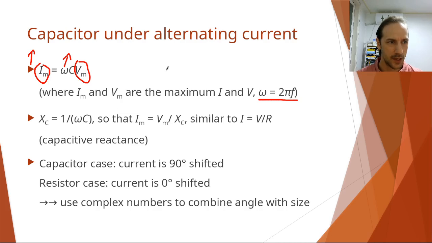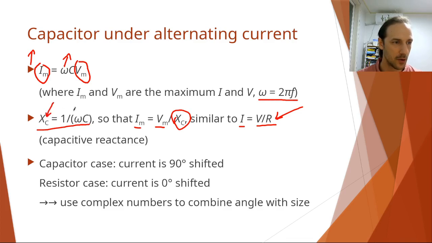Because we had this I equals V over R for the resistance of a simple resistor, we want to make a similar relationship here between the maximum current and the maximum voltage, and that will be the XC. XC is basically 1 over omega C. So this XC depends on the alternating current frequency and the capacitance together.